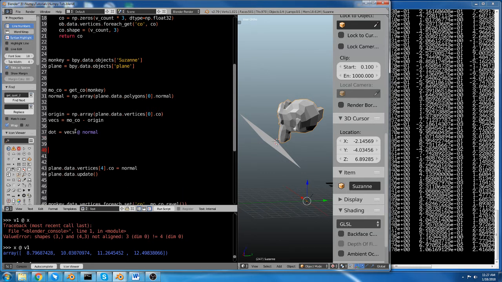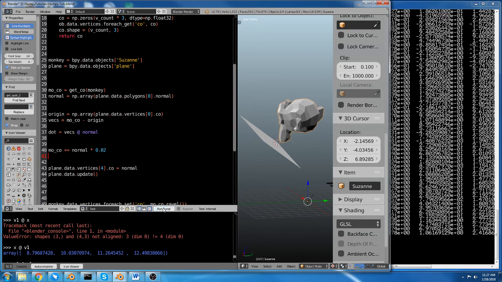We're going to take monkey co plus equals normal, and we're going to do normal times 0.02 to make it a smaller value. You can do 0.02 for clarity. Then when we run this, Suzanne is going to move in the direction of that normal.